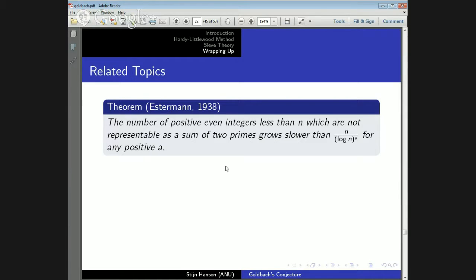This is a function that grows a lot slower than n. To put it in less technical language, but with much stronger connotation, almost all positive even numbers are the sum of two primes, which is a nice theorem.